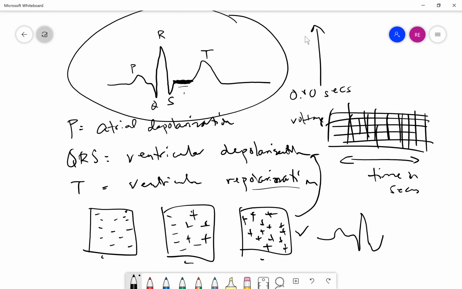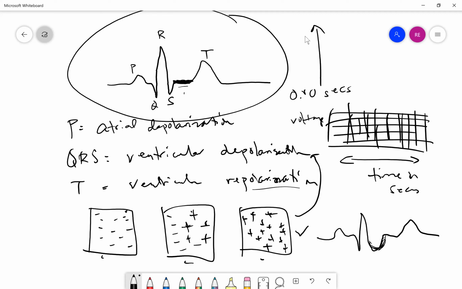The ST segment is now going to be depressed like this, meaning it's unable to repolarize because it didn't receive enough oxygen.